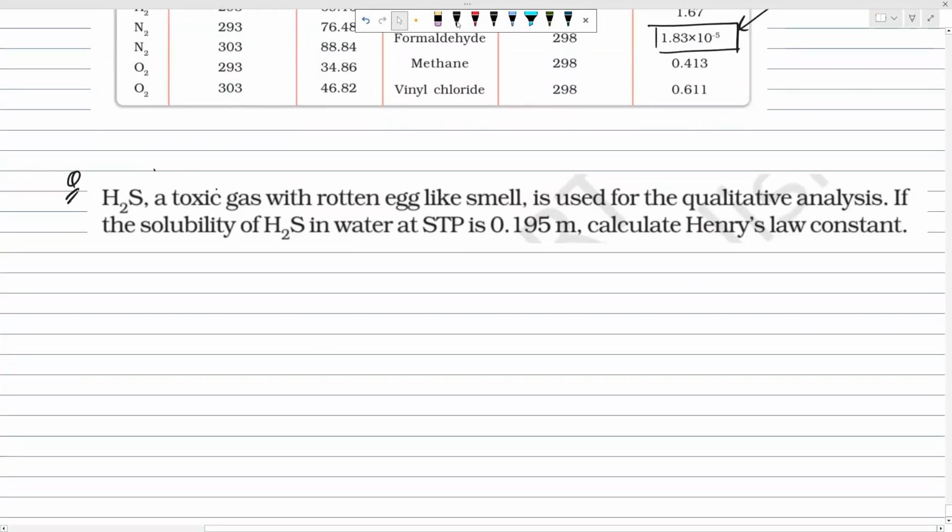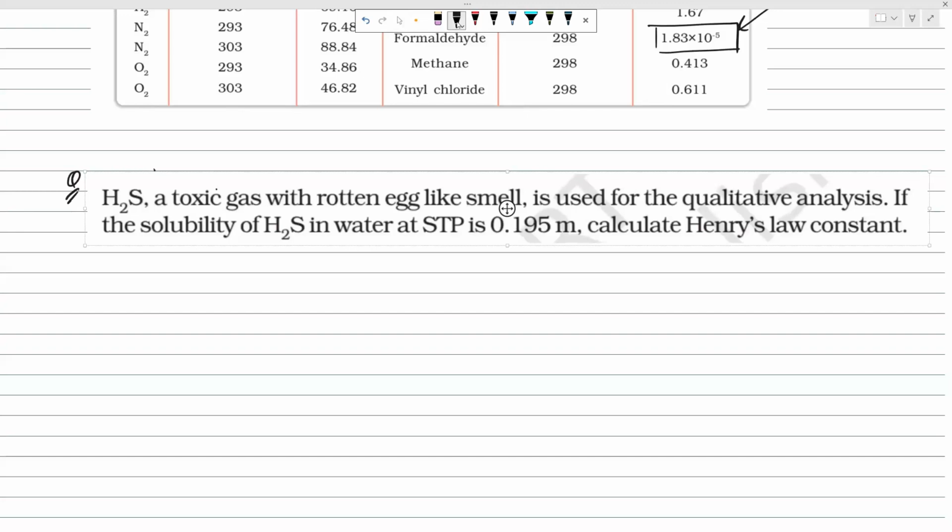It is used for qualitative analysis. If the solubility of H2S in water at STP is 0.195 m, calculate Henry's law constant. So you have to calculate the Henry's law constant.